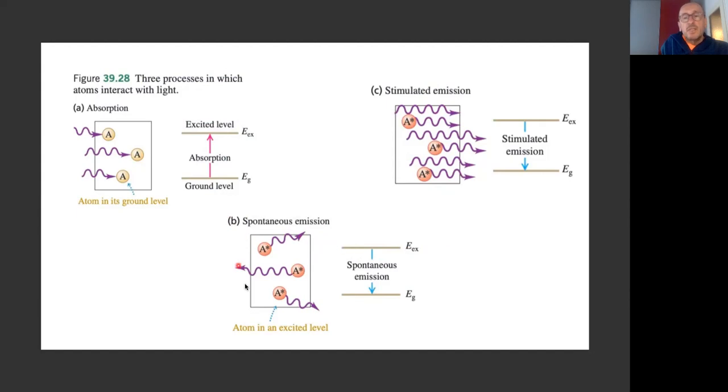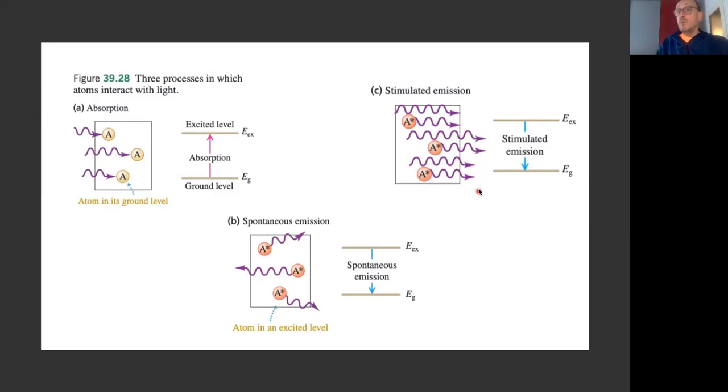So this spontaneous emission will produce radiation with the same frequency for all the atoms in the decay process, but the direction is not going to be the same, and the phase is not going to be the same either. Polarization is not going to be the same either.